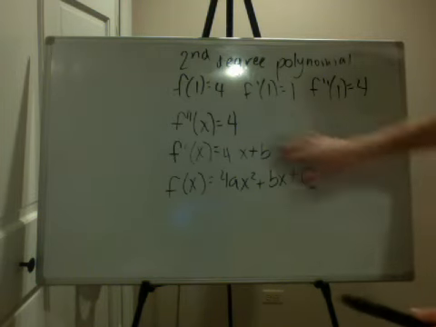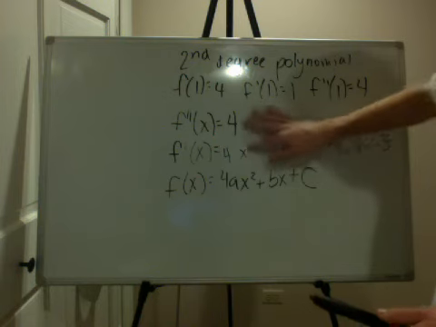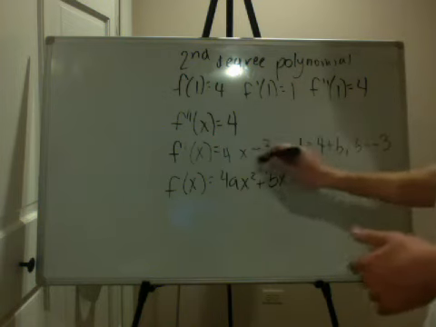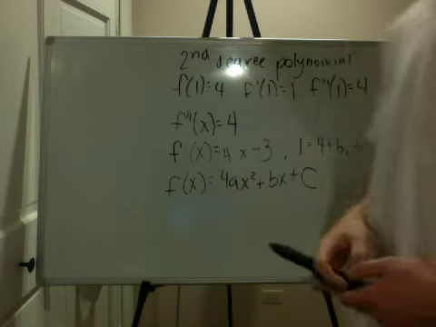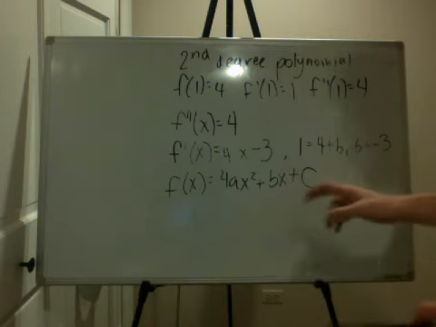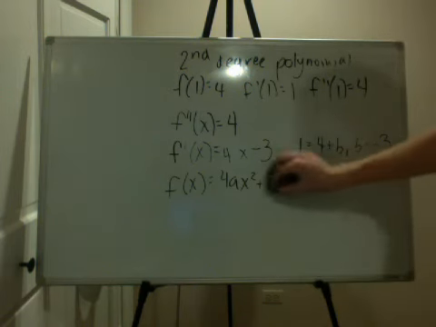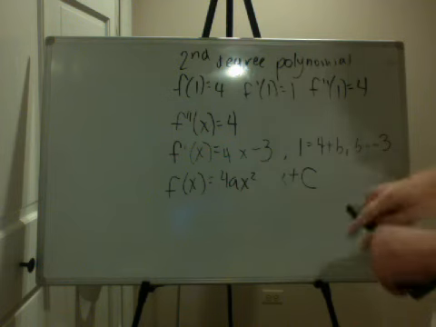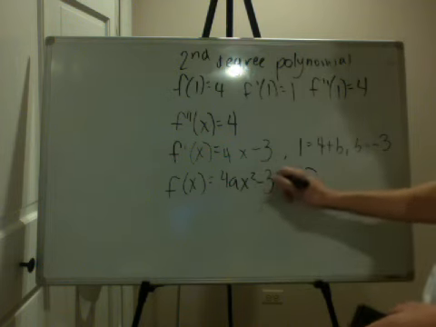So therefore, we can then replace this b with a -3. Then, lastly, we know that b is -3, so I can actually go ahead and make this right here minus 3x.